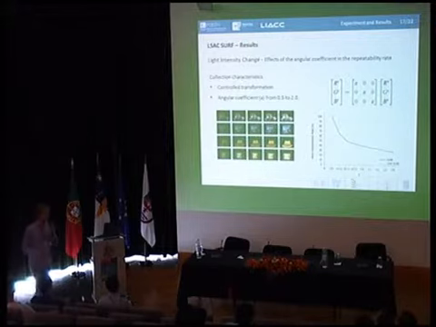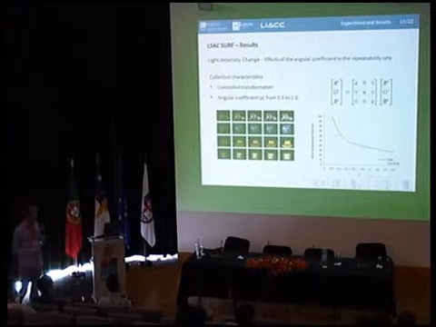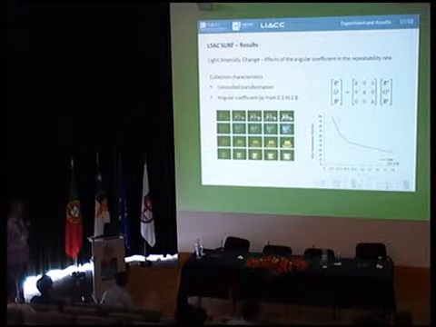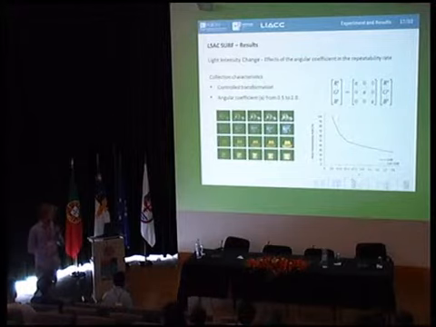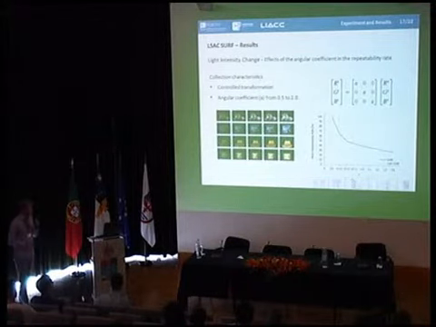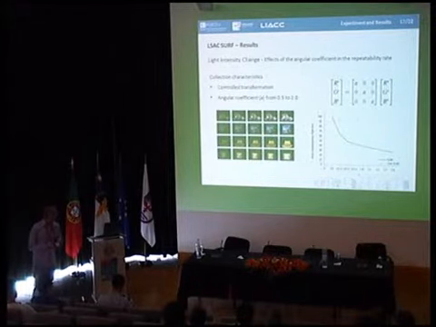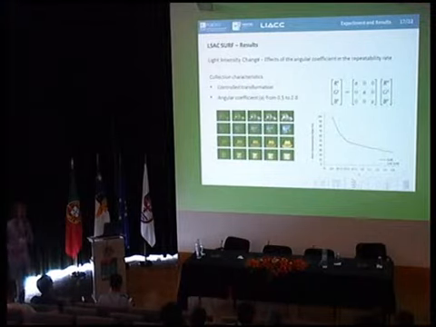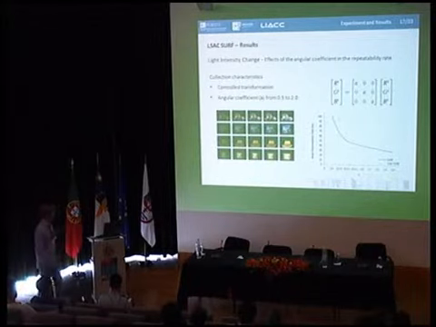The results, however, show us that the repeatability rate of the SURF feature detector rapidly decreases according to the variation of the angular coefficient, while in our proposed algorithm, the repeatability rate stays almost constant over these variations. And this result confirms the theoretical invariance of our algorithm to light intensity changes.